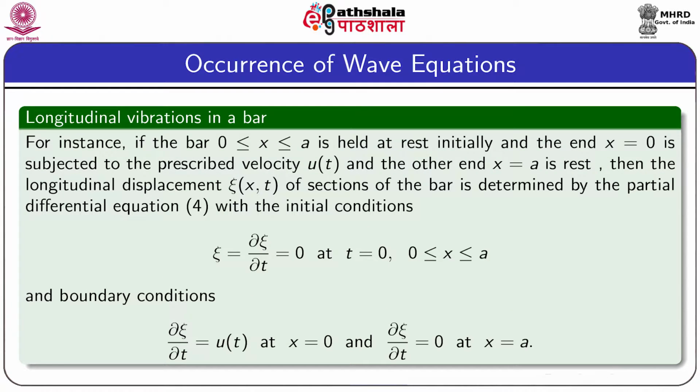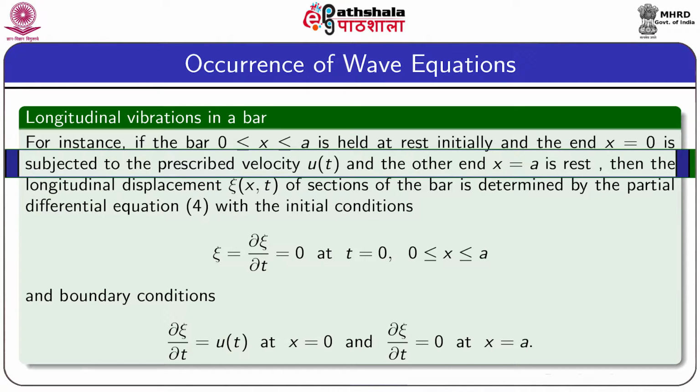We also assume that the bar for 0 less than or equal to x less than or equal to a is held at rest initially, and the end, which is denoted by x equals 0, is subjected to the prescribed velocity u t.